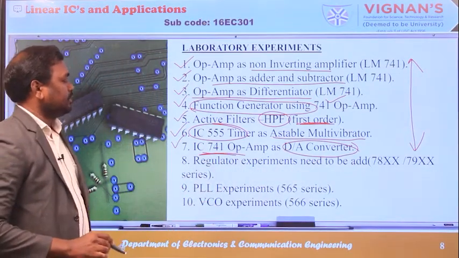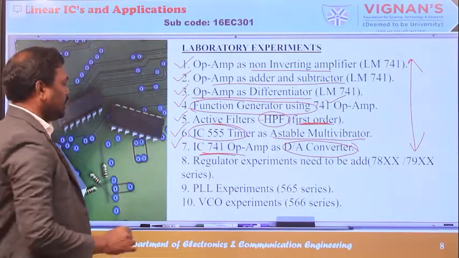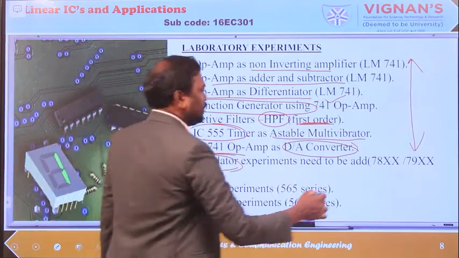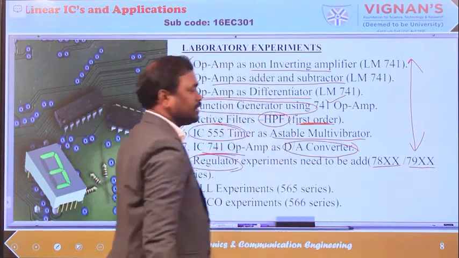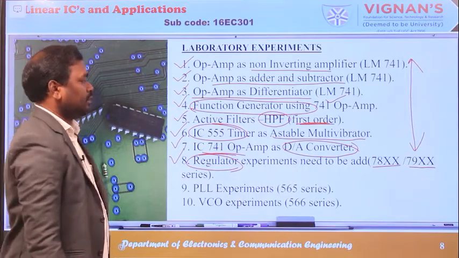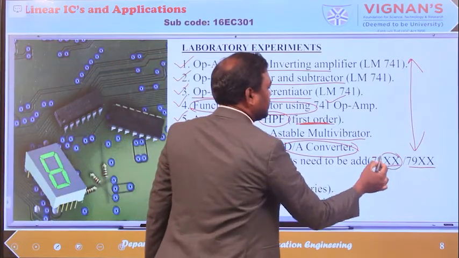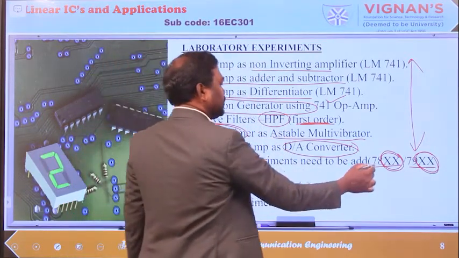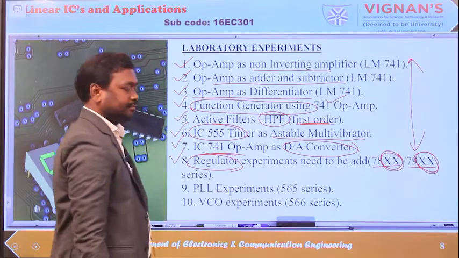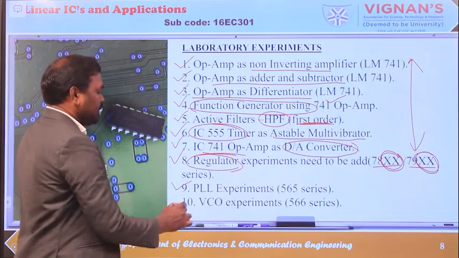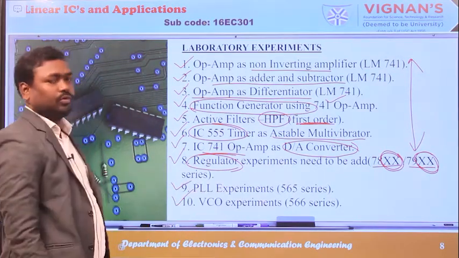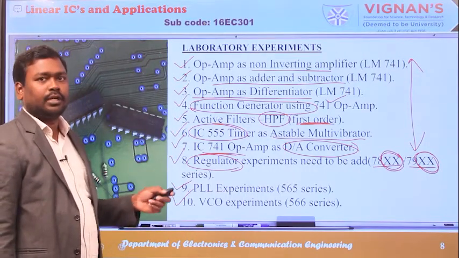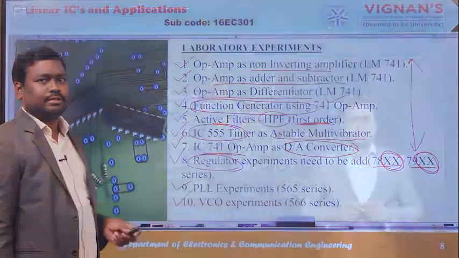And the eighth one is voltage regulator using 78 series and 79 series. The last two digits represent the output voltage. Here the first two digits represent the series. The ninth one is on PLL and the 10th one is on VCO. Here lab experiments are totally correlated with the syllabus.